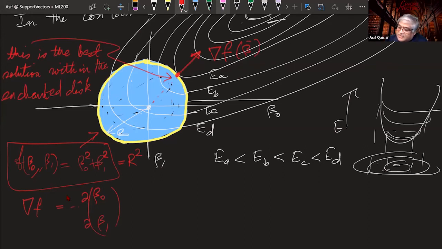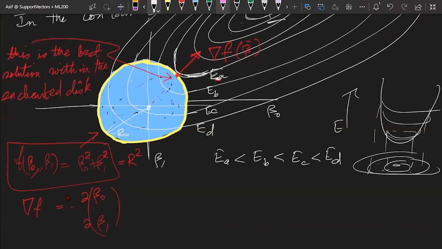Now, what about this error surface? You see that the error surface EA, let me go to the white color now. This is a contour line of the error surface, right? Where would the gradient of that point, which is the direction of maximum increase of error, point? In the opposite direction, isn't it?